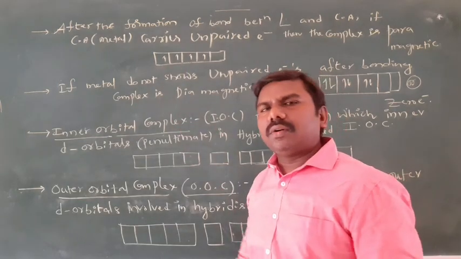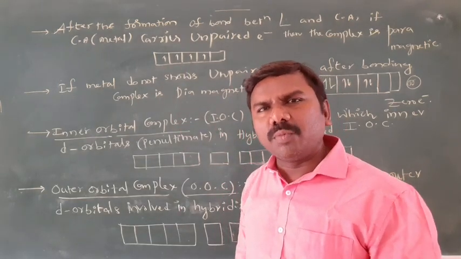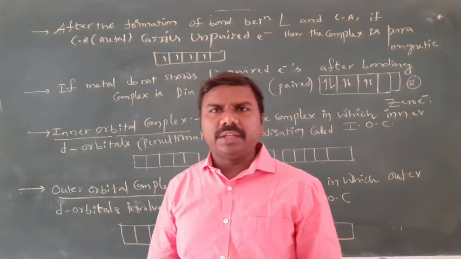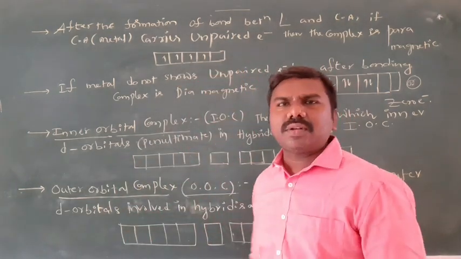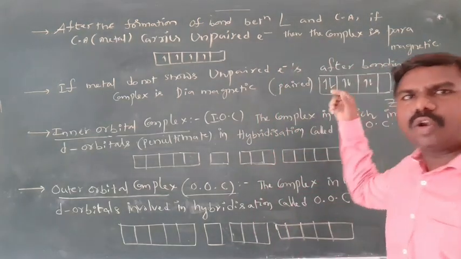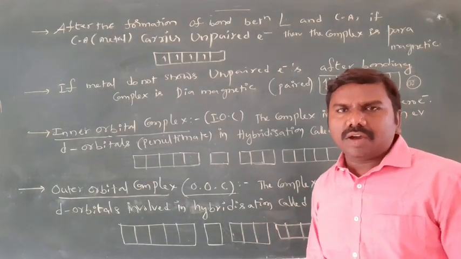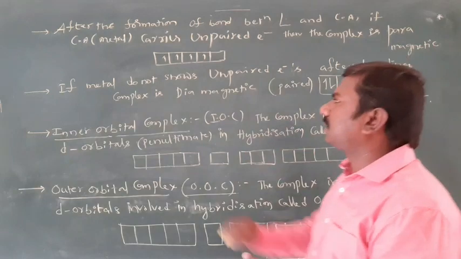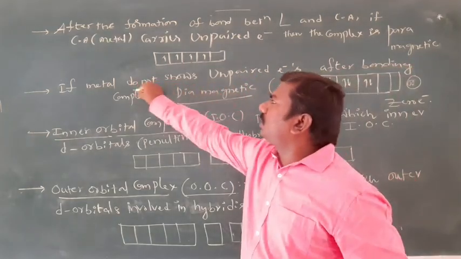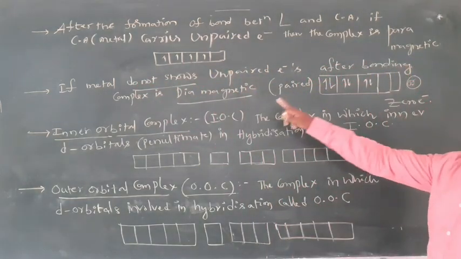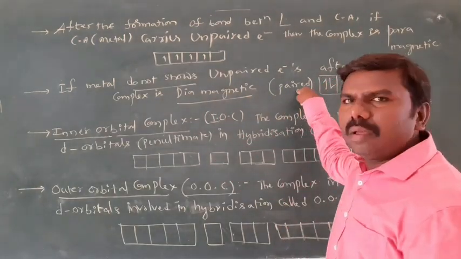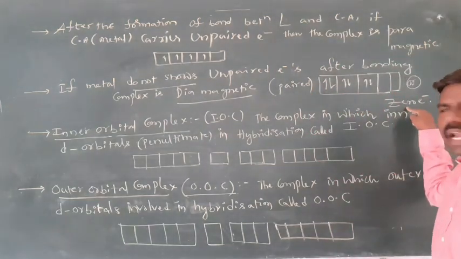We read that single electrons are responsible for the magnetic moment, classified into 5 types: dia, para, ferro, ferri, like that. Now single electrons are there, paramagnetic. If electrons are paired or no electrons in d orbitals, such a complex is called diamagnetic. This is called paired electrons or zero electrons, right?